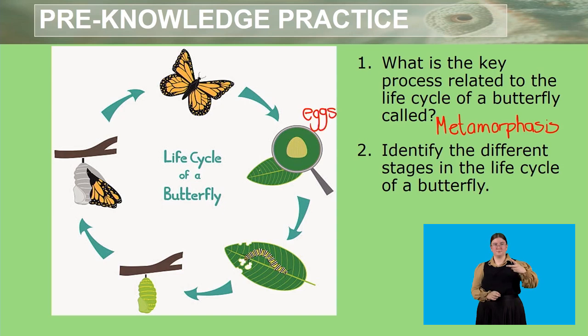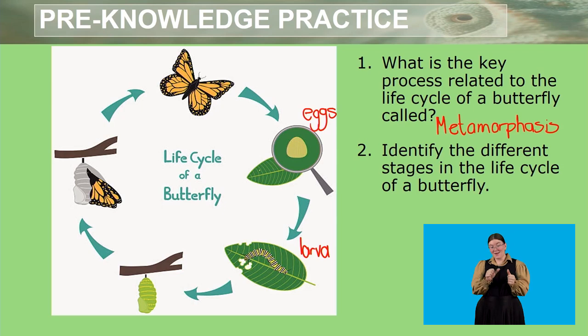And then here, the eggs hatch and larva is formed. There you have the caterpillar. The caterpillar is feeding off leaves, and that is what's helping the caterpillar grow and continue with its life processes.